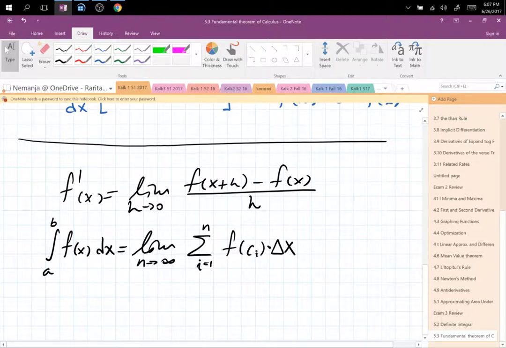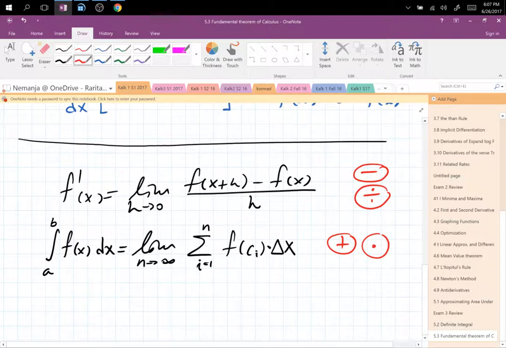Why? Derivative is difference. Oh, there we go. So derivatives have subtraction and division. Integrals have addition and multiplication. You see multiplication and addition, and then there's your subtraction and your division.